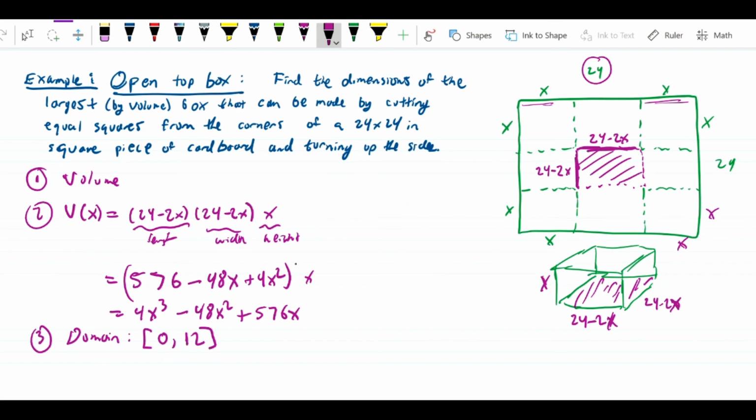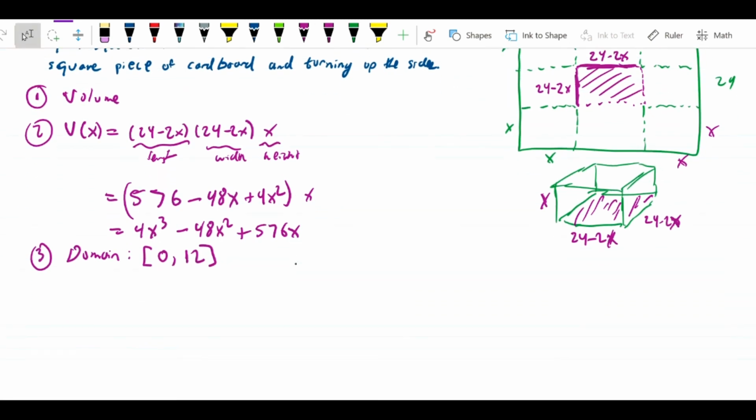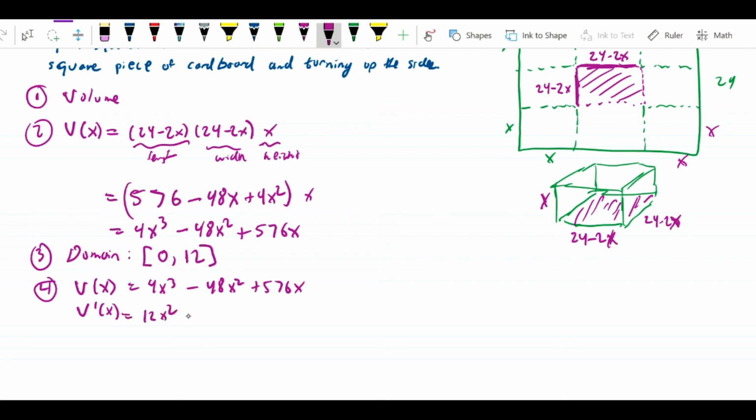And now I'm just going to run the optimization procedure on this objective function on the domain 0 to 12. If V of x equals 4x cubed minus 48x squared plus 576x, then V prime of x is 12x squared minus 96x plus 576.